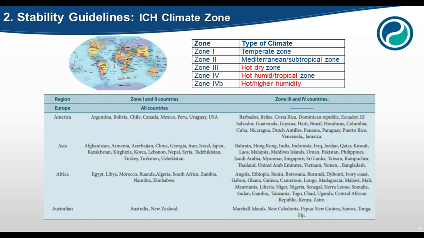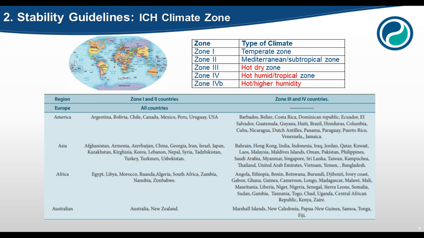So this slide shows the definition of climate zones 1, 2, 3, and 4. The majority of the countries from the Northern Hemisphere are covered by Zone 1 and 2. For example, in North America, USA, Canada, and Mexico, and also countries from the northern part of Asia and Africa belong to this group.